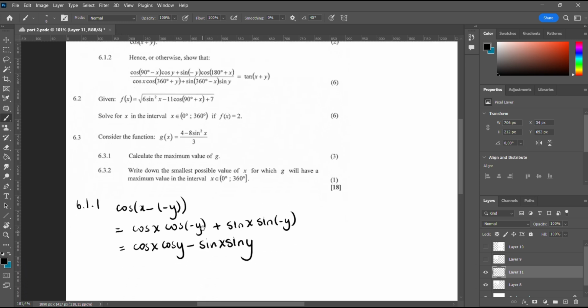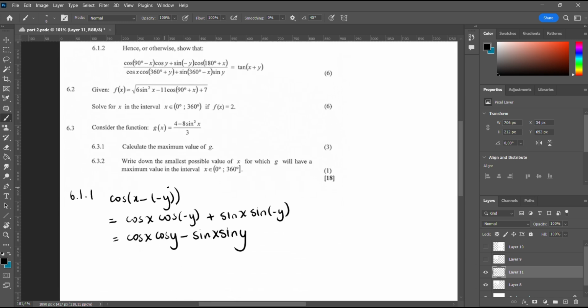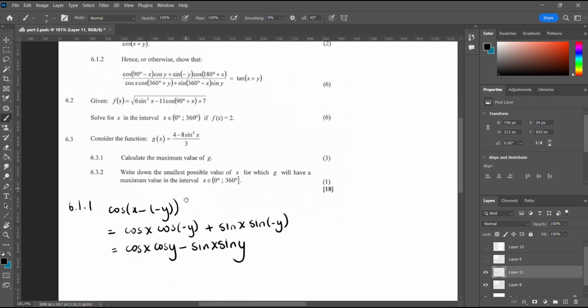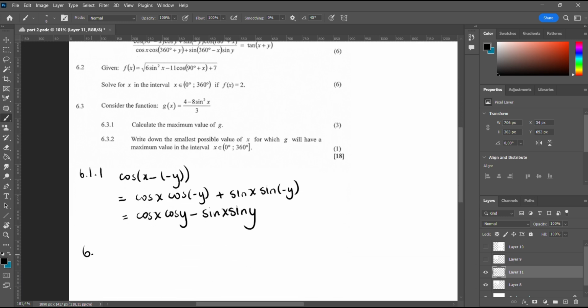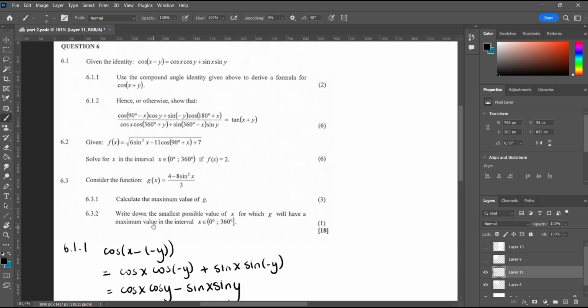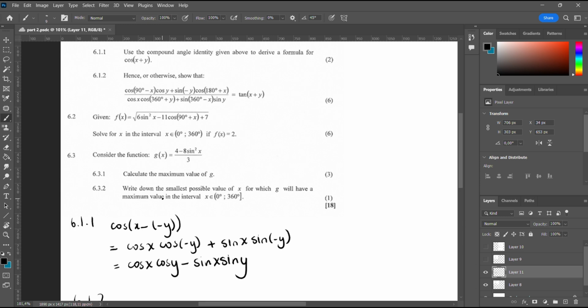Yeah, 2 marks, decent. We don't know if they want the substitution. And then they say hence show that this equals tangent of x plus y.